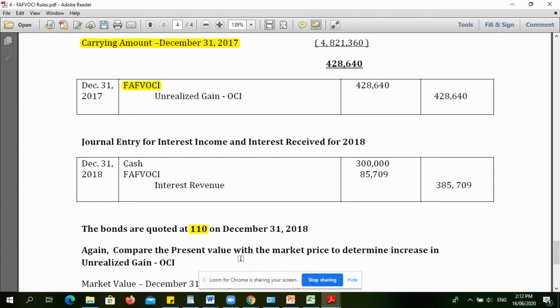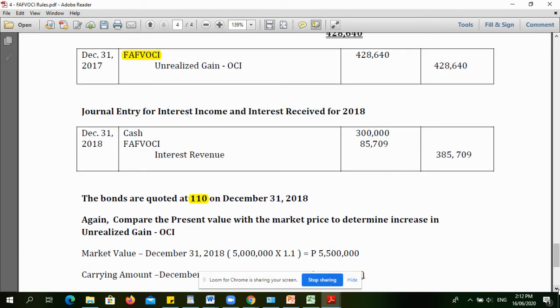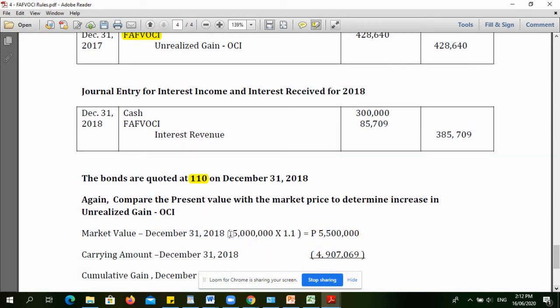So, what does 110 mean again? It is 1.1. So what we do for the market value is 5 million, which is the face amount, times 1.1, since that is the market quotation of a bond, which equals 5,500,000.